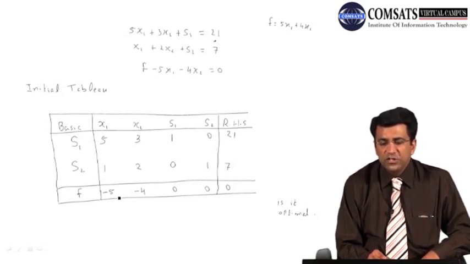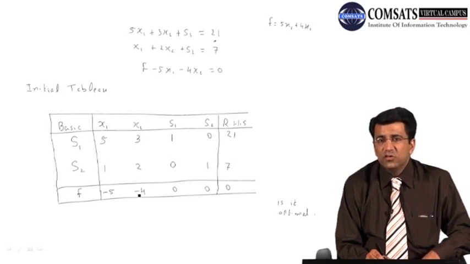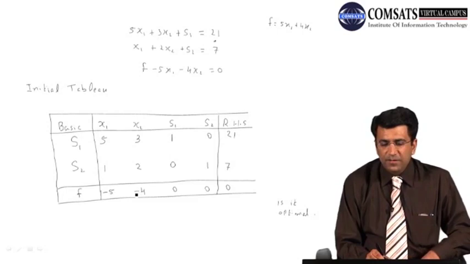So if all the coefficients in this objective function are positive, then this table can give us the optimum solution. But in this particular case, there are two negative coefficients, that is -5 and -4. So it means that this solution is not optimal, and we'll have to go to the next step.